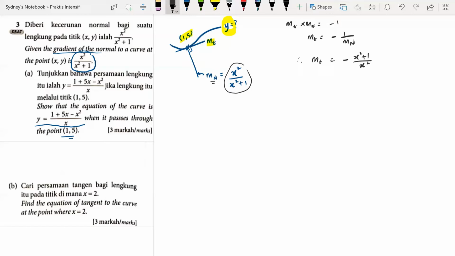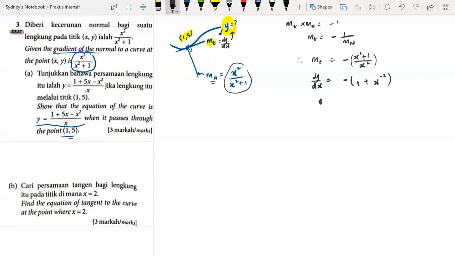So this will be our gradient of tangent, which is dy/dx. That means if we go down, we differentiate. From the gradient of tangent, we go up, we integrate. So the gradient of tangent will be -1 minus x to the power of -2.